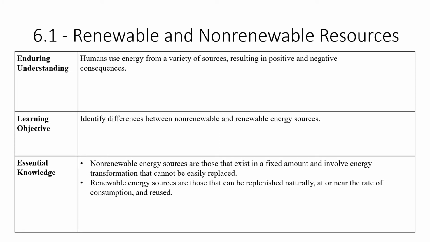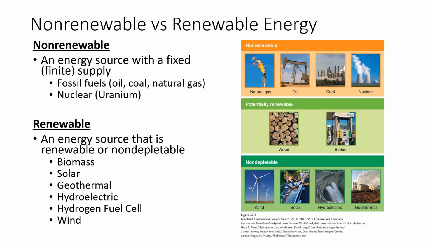And here's 6.1, just looking at the differences between renewable and non-renewable resources. Basically, non-renewable energy, because there are all kinds of resources, is an energy source with a finite supply.